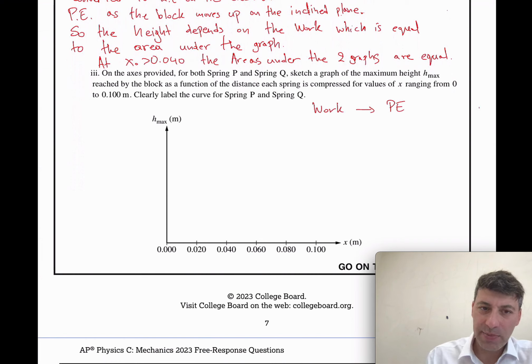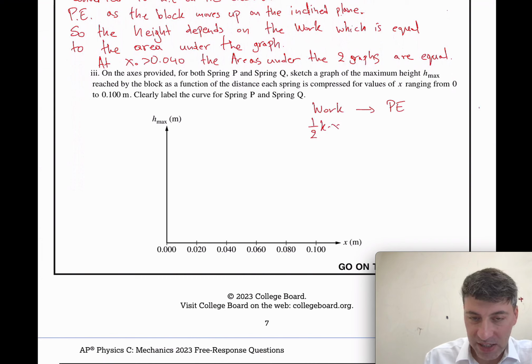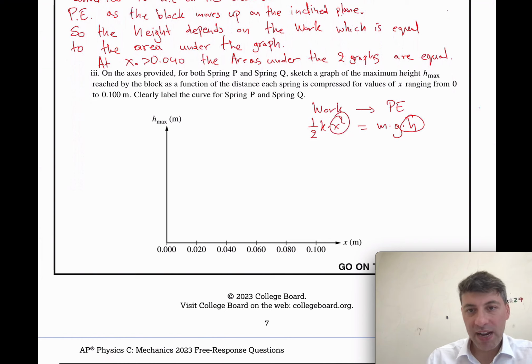The work by the linear spring P, which is the potential energy of the spring, 1 over 2 kx squared, will become potential energy of the object, which is mass times g times height. So the height depends on the compression to the power of 2. There is a quadratic relation between the height and the compression of the spring.